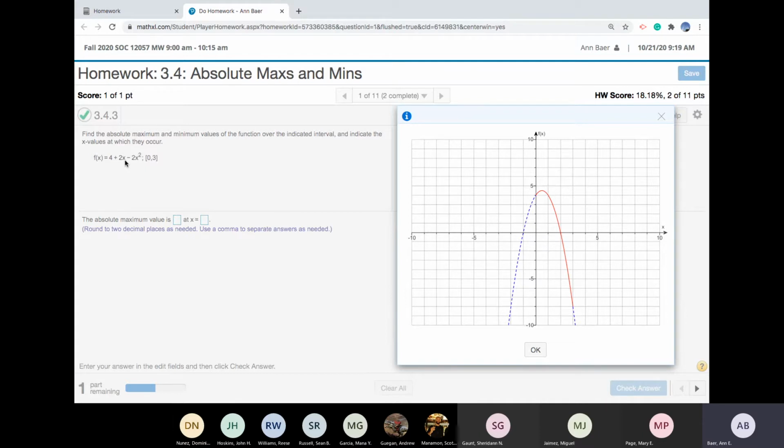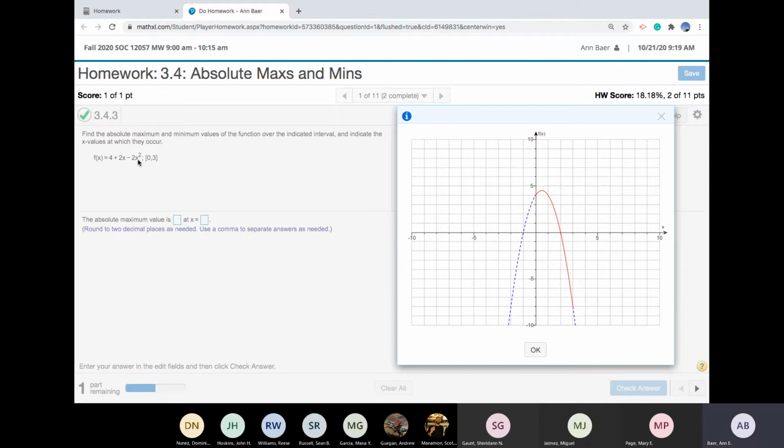And then for the last term, the 2 comes down and multiplies with this 2 to give us 4, and then for x, we take the old power 2 and reduce it by 1, and we get a new power of 1. So the first derivative is 2 minus 4x.